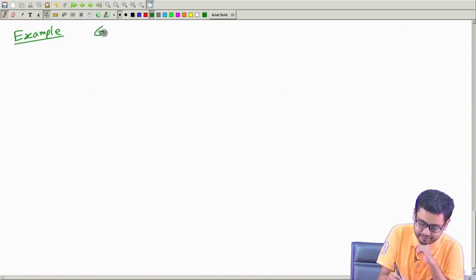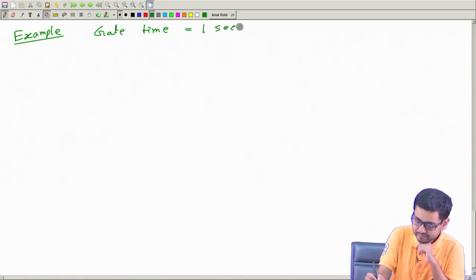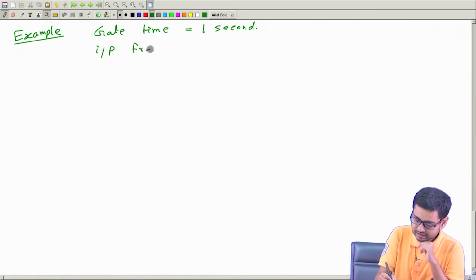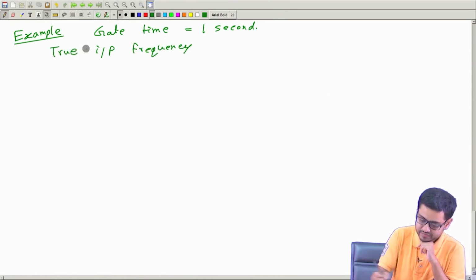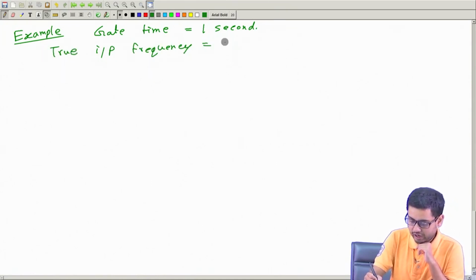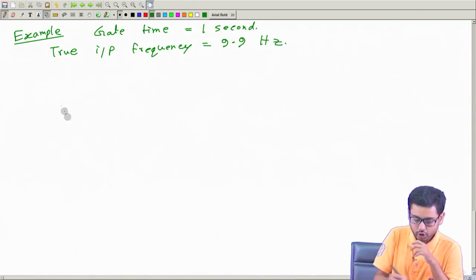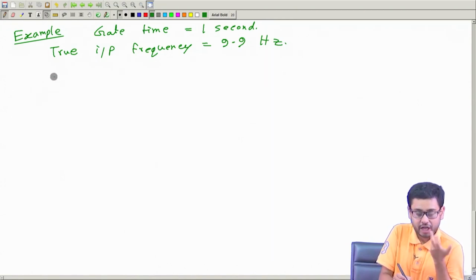Now, let us take an example where the gate time is equal to 1 second and the true input frequency is equal to, say, 9.9 hertz, right. So, what will be the measured count?